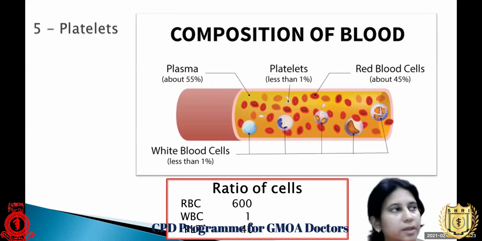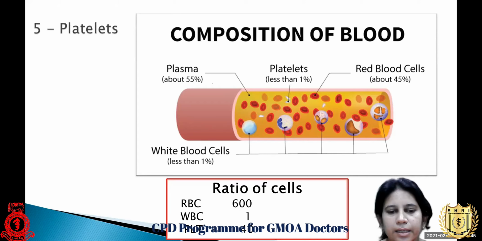Okay, I want to talk about platelets. So before talking about platelets, I just have some idea about the composition of blood. So in your blood, you have about 45% of red blood cells when you take one sample, and platelets 1%, and white blood cells 1%.